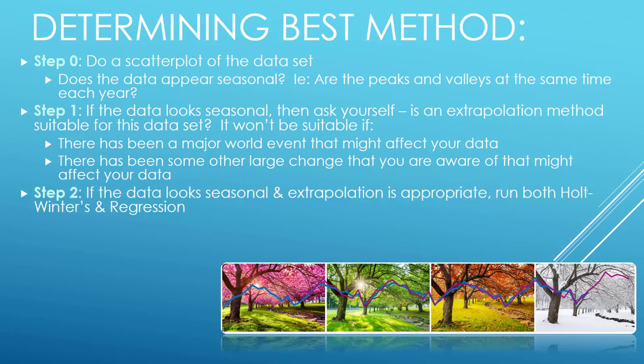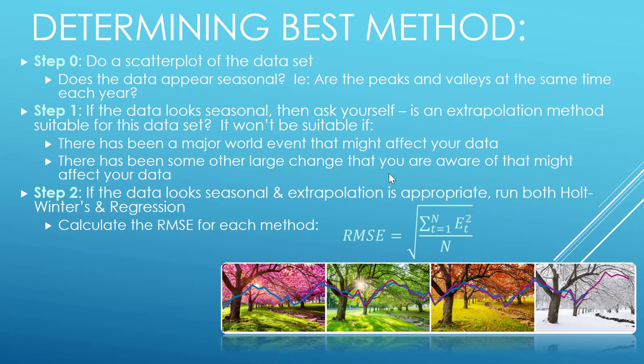If you think nothing has happened, then carry on and try out your Holt-Winters method and try out our regression with our dummy variables. Then the best approach is to calculate the RMSE, the root mean squared error, for each method on your errors. Remember, your errors for regression are also called your residuals, and your forecasts were called your predicted values.